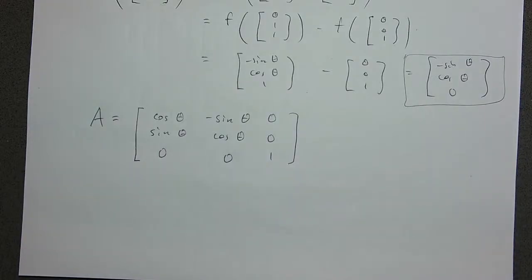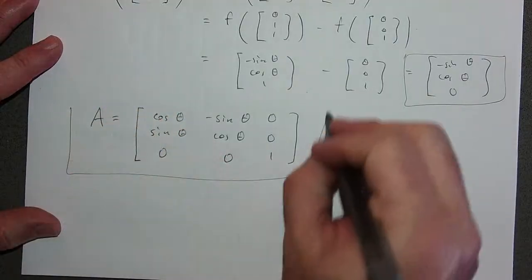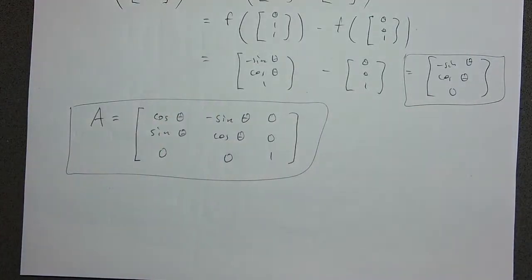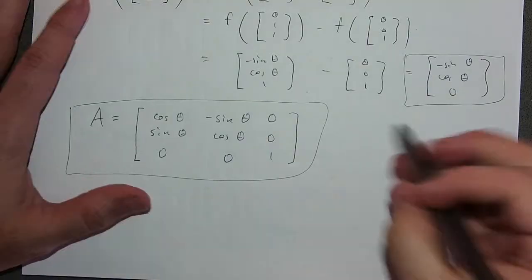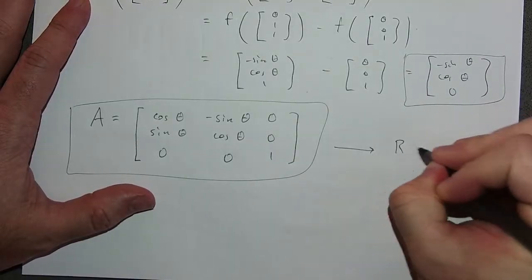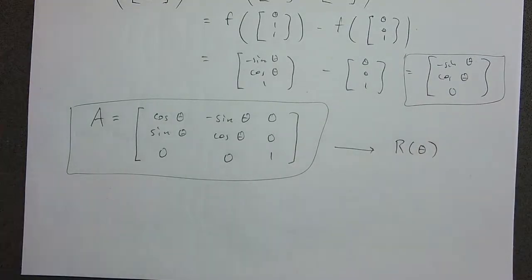Okay. This is my matrix. Maybe we will call this matrix R of theta to denote that this is rotating a point by angle theta counterclockwise about the point 0, 0, so about the origin.